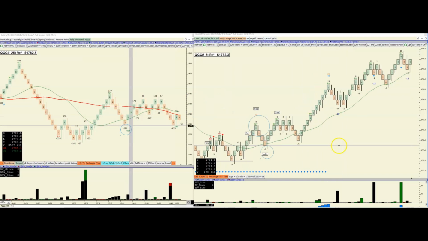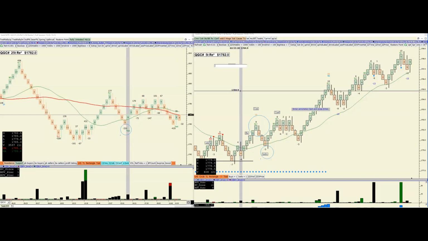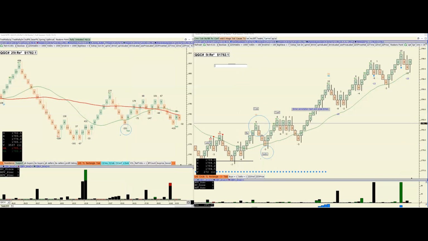If you've learned anything, what are the key things that distinguish a buying or selling wave from a true sign of strength or sign of weakness, also known as a change of behavior?